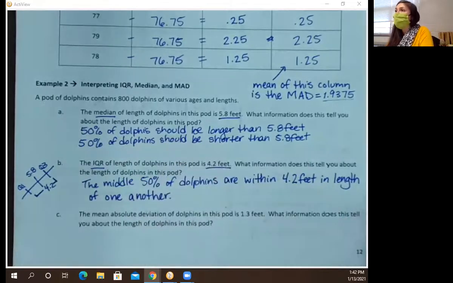The biggest difference I could have in length for those middle 50% would be 4.2 feet. Everybody else, their difference in lengths should be shorter than that.